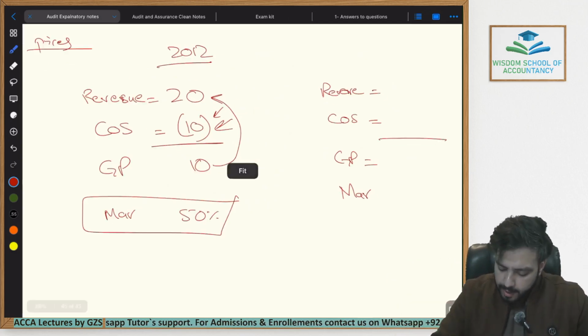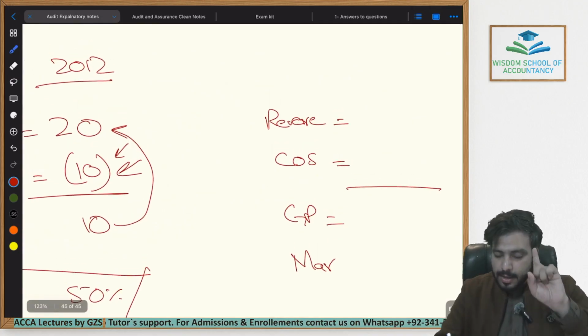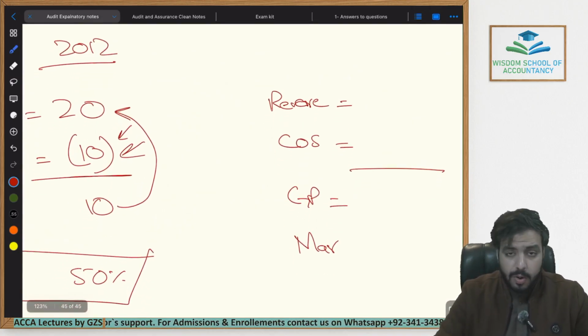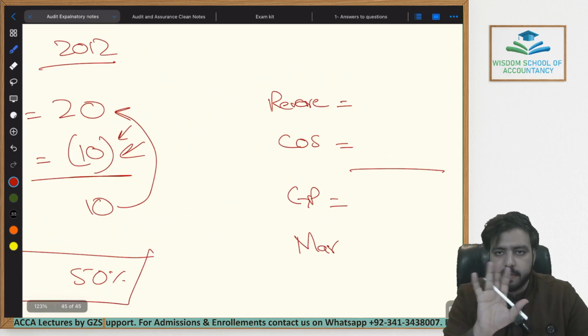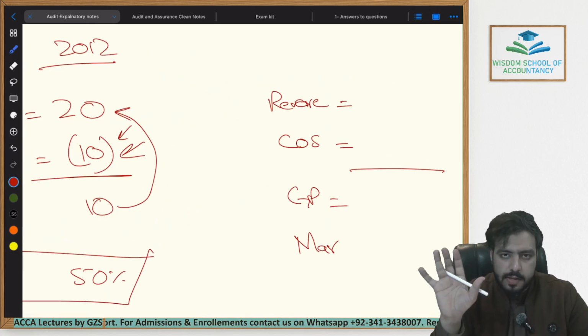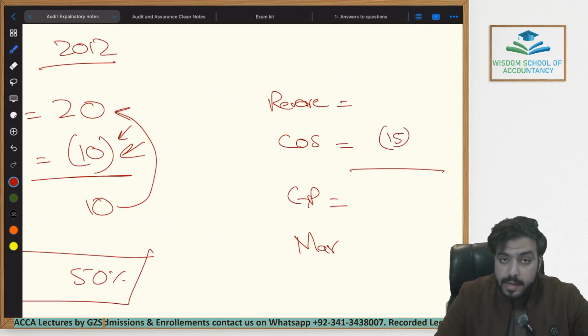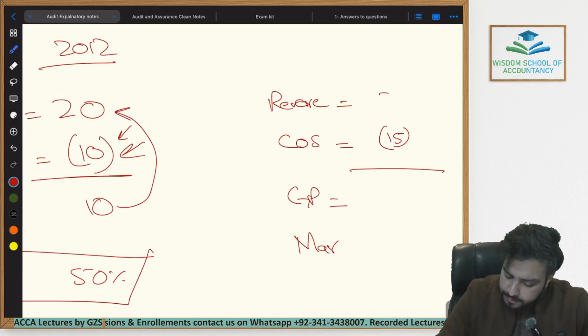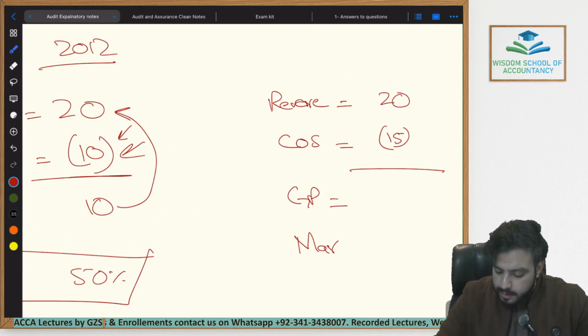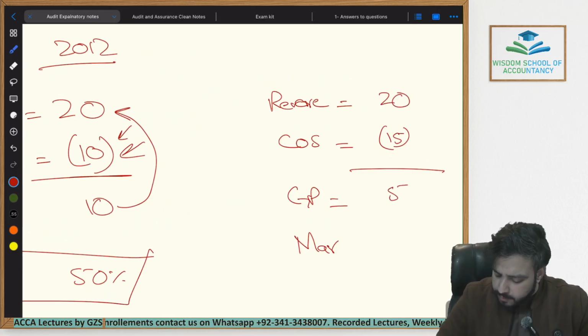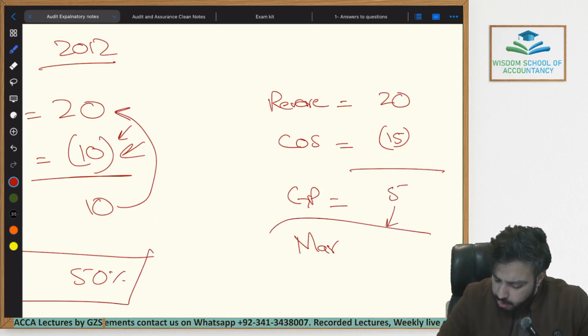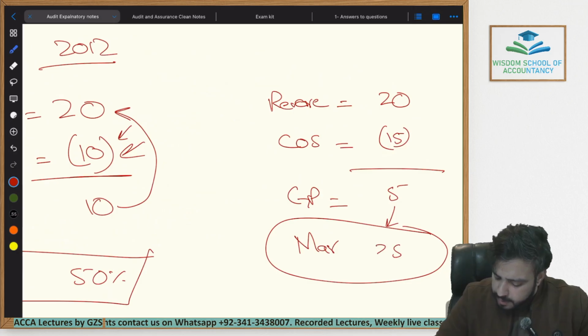You have a very good brand and customers are ready to buy it from you. But this year your supplier said that we will only sell it to you for $15, otherwise we can't sell it to you. Our cost has increased too much. So you bought it from them for $15. But in the market still you are selling it for $20. Now your gross profit would be $5. If you calculate the margin, it would be 25%.